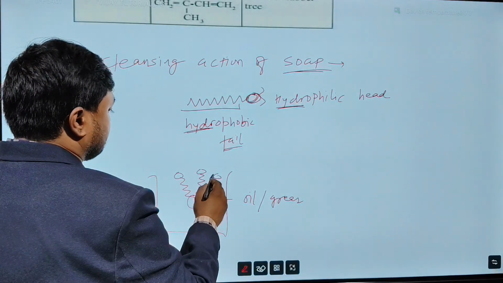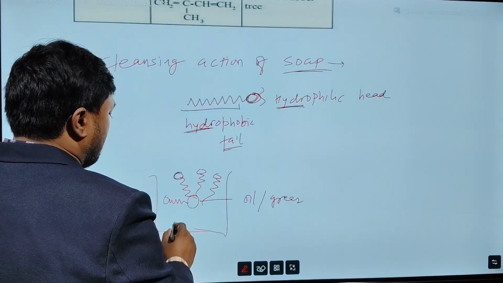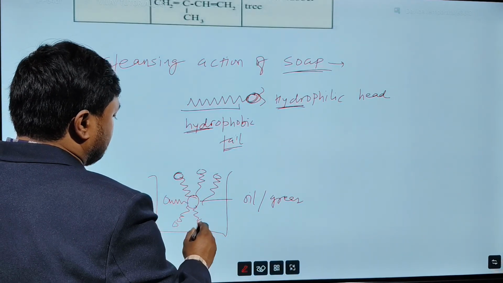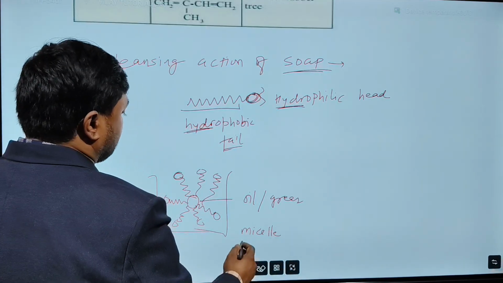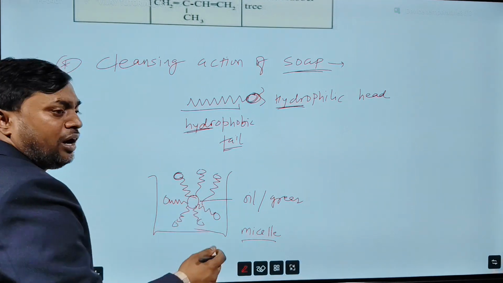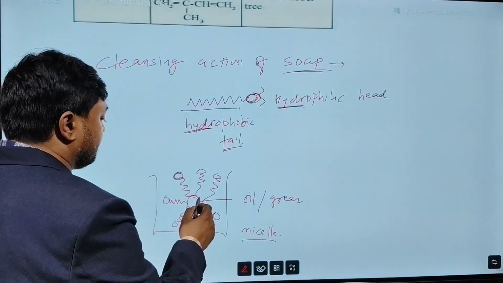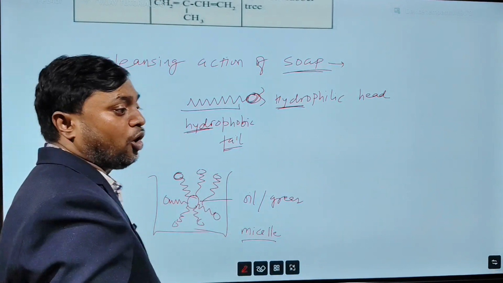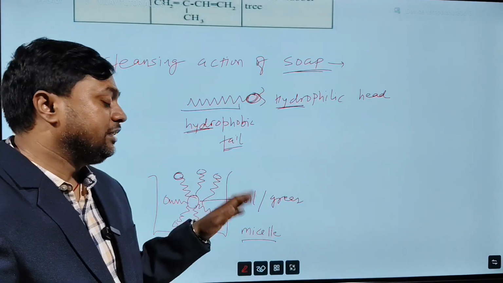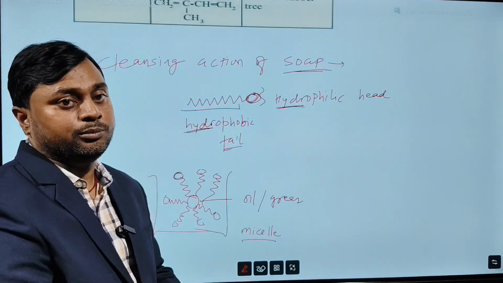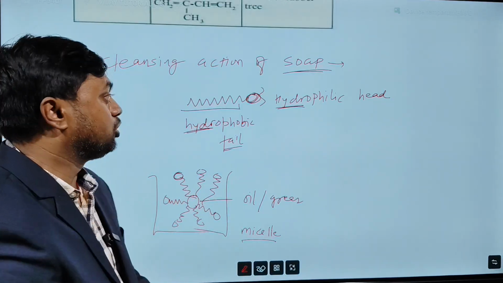This takes the shape of a micelle. The tail goes and hits the dirt, so the dirt breaks into small fragments. The head molecules will not allow the small dirt particles to aggregate together. In this way all the dirt is removed and your cloth is clean. This is called the cleansing action of soap.